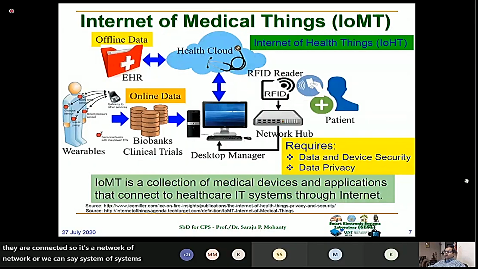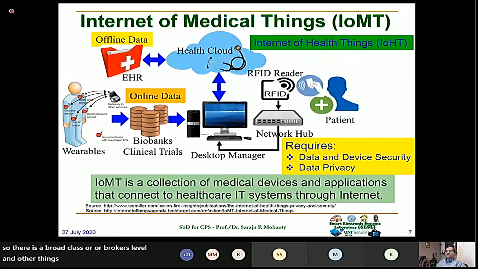Now, a specific example. Yesterday we had a lot of discussion on the Internet of Medical Things, or healthcare cyber physical systems. So a specific example of IoT is IoMT, the Internet of Medical Things. Here we have a specific type of sensor that goes on human beings for different measurements, whether blood pressure, glucose level, or other things.